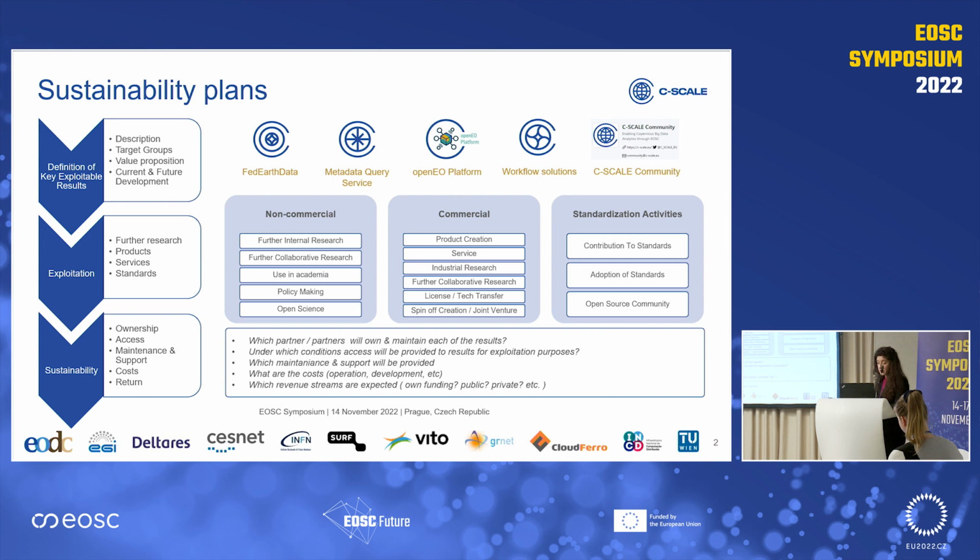To exploit these results, both during and after the project, according to the grant agreement, we can either use them in further research, as products or services, or use them to define standards. The 3 boxes in the middle of the page show examples of non-commercial, commercial, and standardization activities. In non-commercial activities, these results can be used in further internal or collaborative research in academia, in policy making, and in open science.